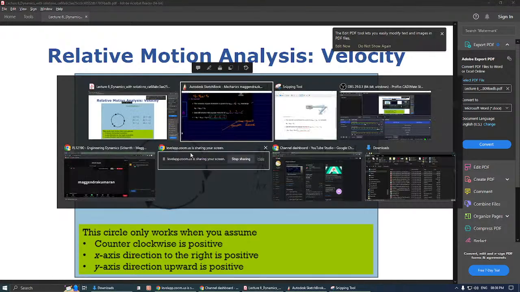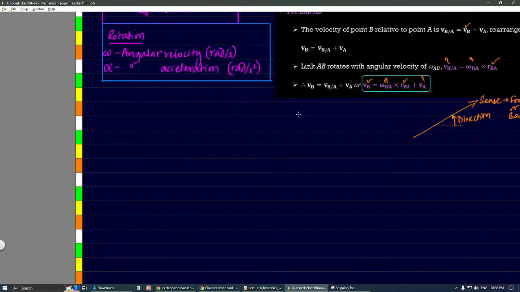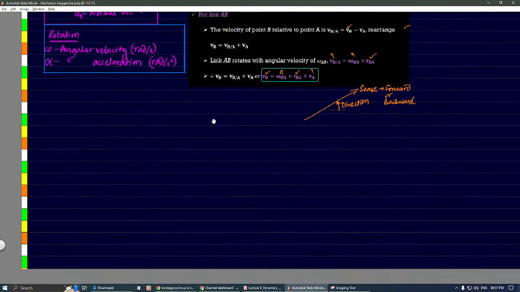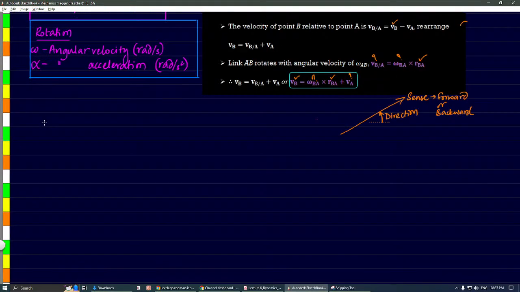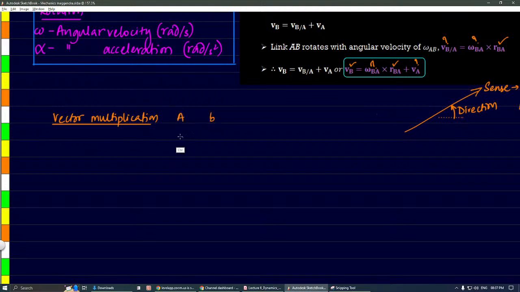There are two products when it comes to vectors. Vector multiplication has two types. One is called dot product, the other is called cross product. Let us understand that. Let us say A and B are two vectors.